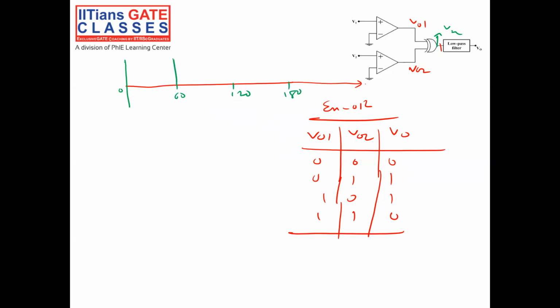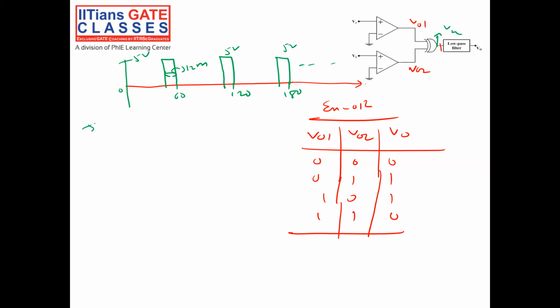At 60 this width is 12 milli, and the height is 5 volt. Again at 120 I got the same width and 5 volt. Again at 180, and this will continue. So the waveform at Vx is this one.